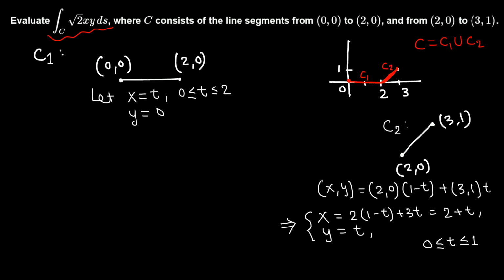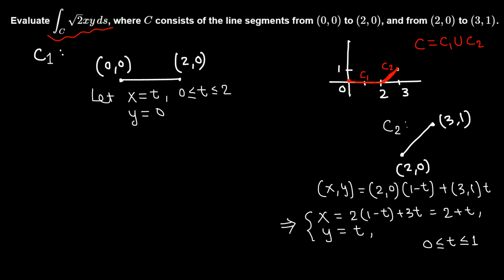In the same way, let's do this parameterization here on the C2 curve, that's (2, 0) to (3, 1). Whenever we have two points, we write down the first point times 1 minus t plus the second point times t. That way, when t runs from 0 to 1, we get the first point and the second point. So the parameterization (x, y) is equal to the first point times 1 minus t plus the second point times t.